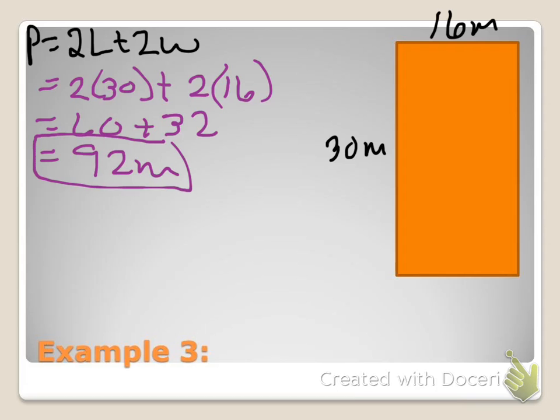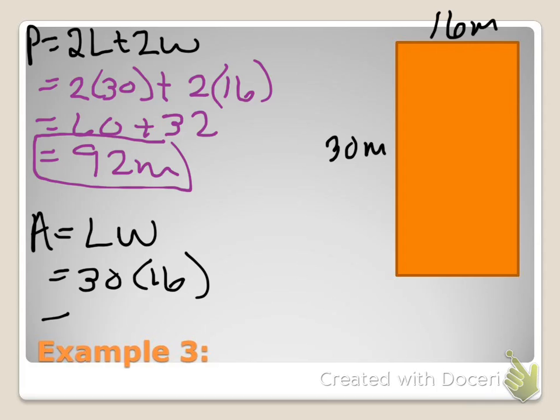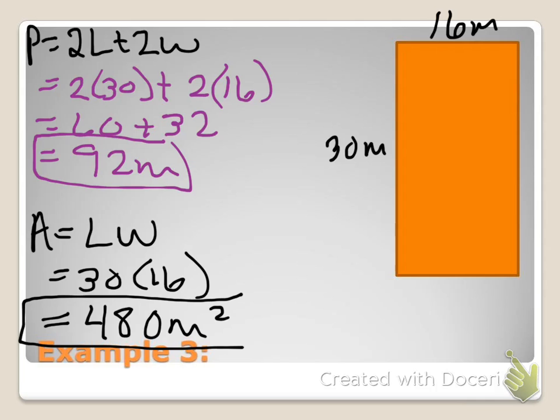That's my perimeter. Now for the area, it's going to be length times width. Make your substitutions, 30 times 16, and then box your answer, and it would be 480 meters squared. And if you understand that, that's everything you need to know for 1.6.